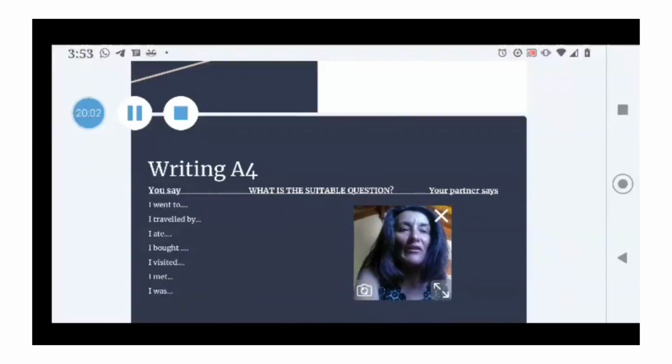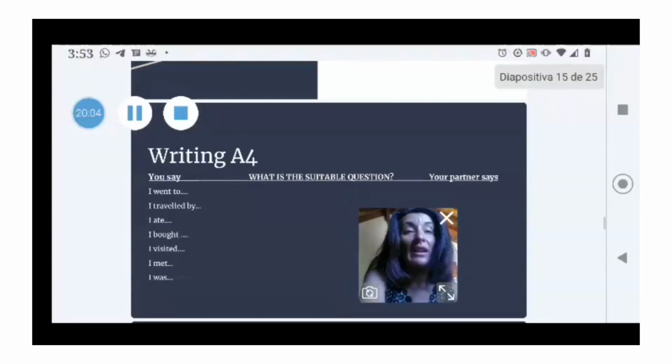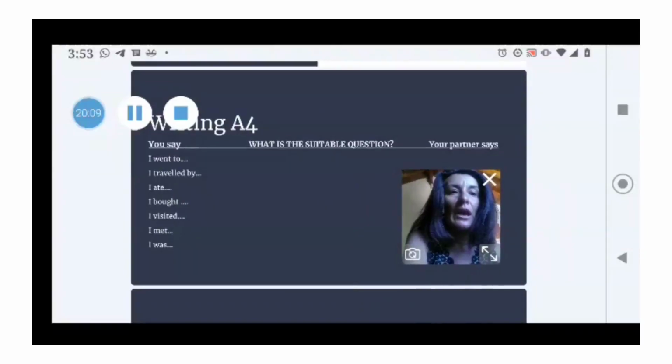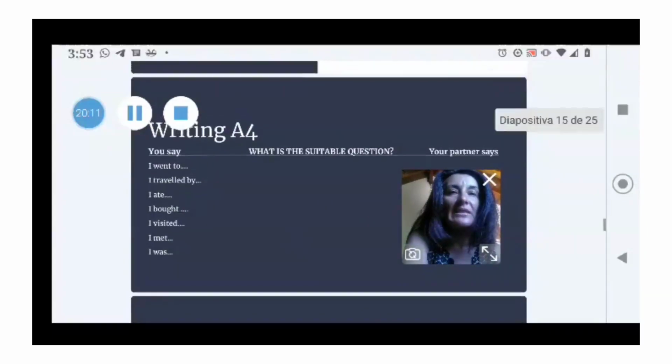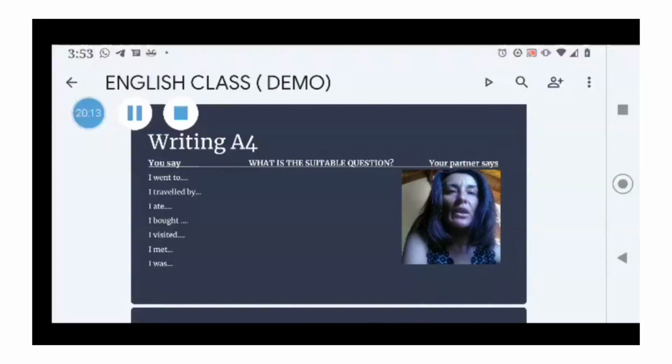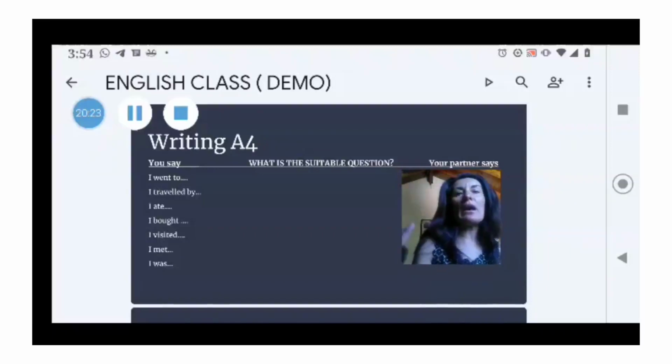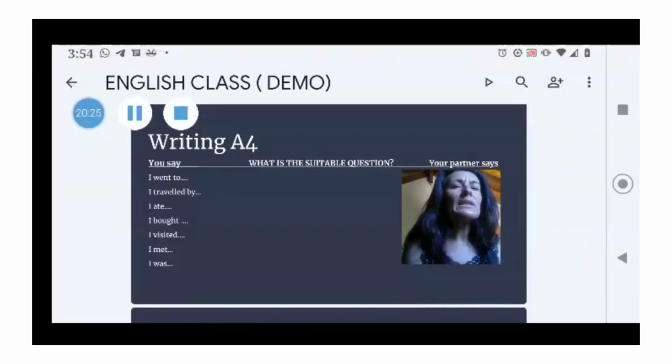Following with this, we have another writing where they have to do a grammar exercise, as you will see. In this situation, the student will have to say an idea, completing this sentence. I went to the Black Forest. What is the suitable question for that?